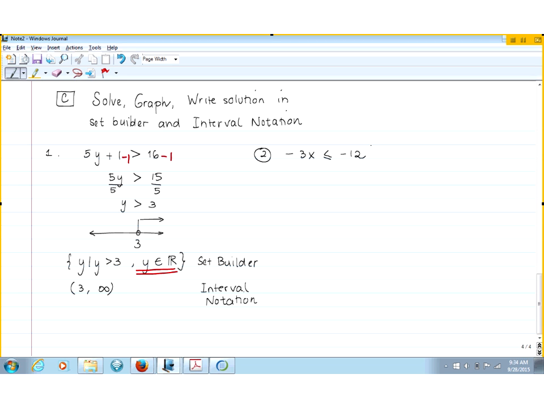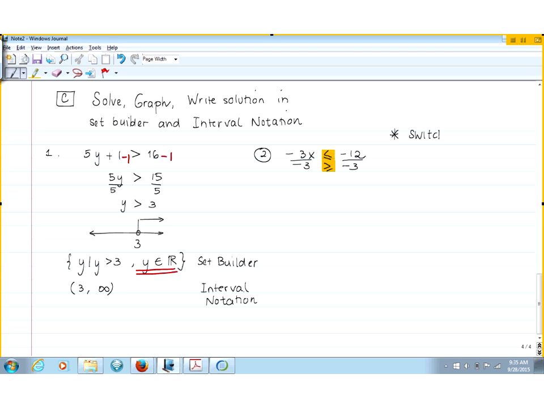So what would you do here? Divide both sides by negative 3. Now, one note: if we divide both sides by a negative number, we have to switch the sign. Do you remember that? So here, we switch the sign because we divide by a negative number.